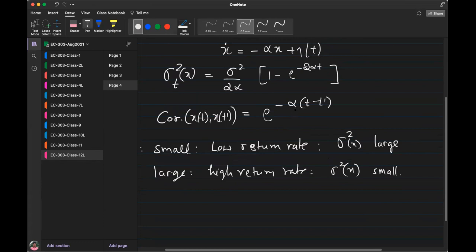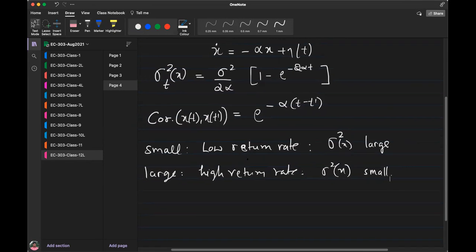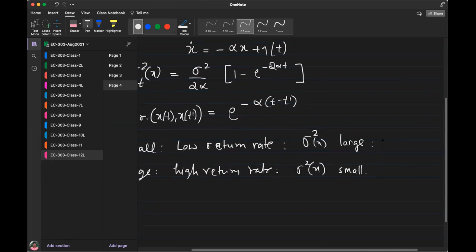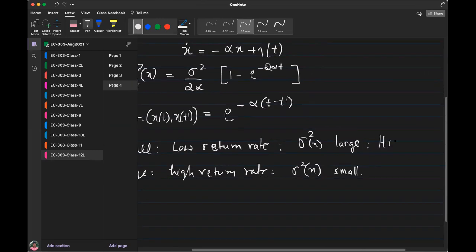It will decrease. As alpha increases, the correlations decrease. The system is coming back to equilibrium very, very fast, which means it's losing that memory. So small alpha means low return rate, which means high variance. It also means higher correlations. Do you agree with that?